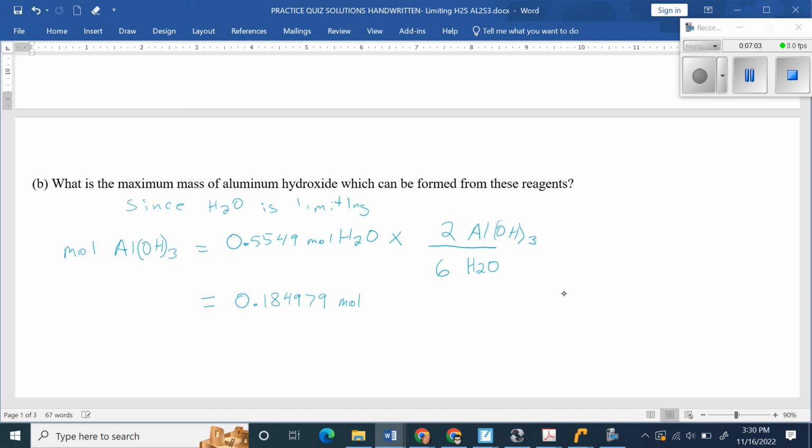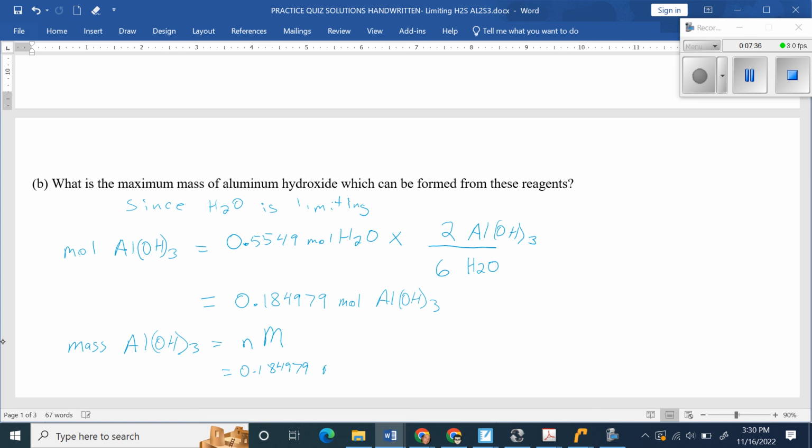So you want to keep extra digits until your final answer, right? And so that's the number of moles of aluminum hydroxide, and therefore the mass of aluminum hydroxide, which is what we're ultimately trying to find here, is equal to n times M, which is equal to 0.184979, right?